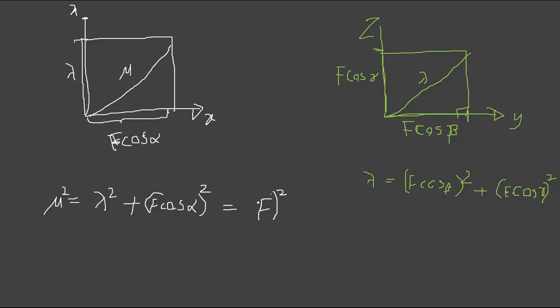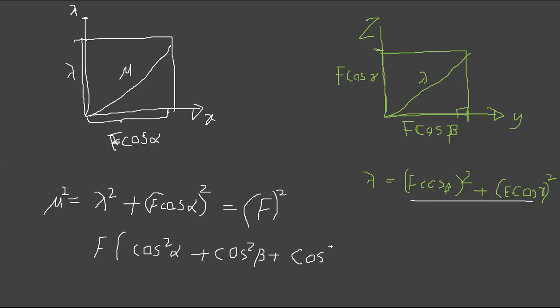That's mathematics, not engineering, right? So lambda is this. You can take f out: cos squared alpha plus cos squared beta plus cos squared gamma is equal to f squared, so that means f squared into 1, and you can cancel it out.